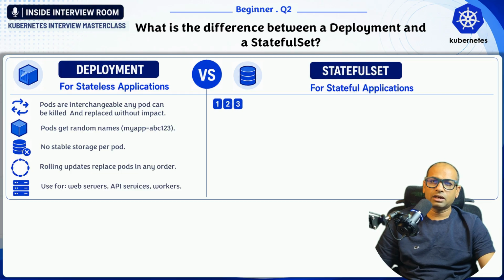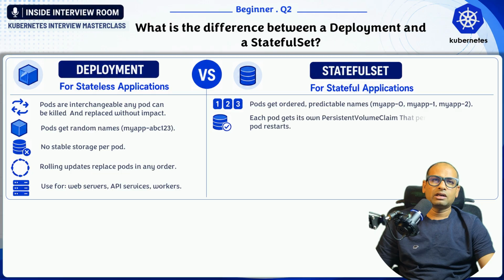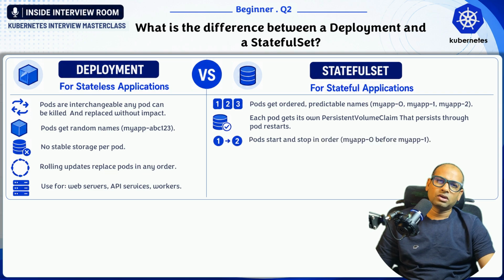Whereas in StatefulSet, pods get ordered predictable names: myapp-0, myapp-1, myapp-2, and so on. Each pod gets its own persistent volume claim that persists through the pod restart. Pods start and stop in order. So, like myapp-0 will get started first, and stopped after myapp-1.